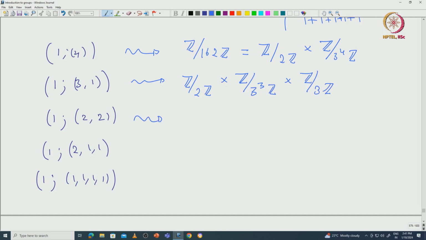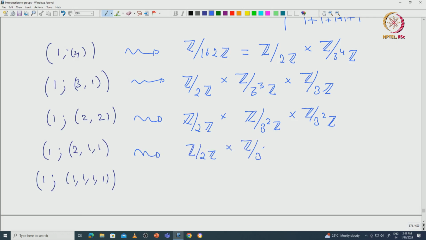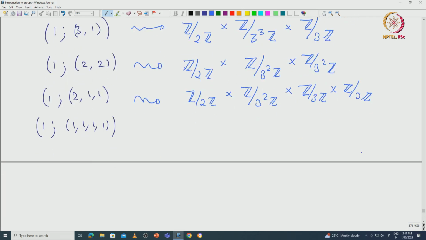What about this? This is Z modulo 2 Z cross Z modulo 3 square Z cross Z modulo 3 square Z. And this one is Z modulo 2 Z cross Z modulo 3 square Z cross Z modulo 3 Z cross Z modulo 3 Z. What about the next one?